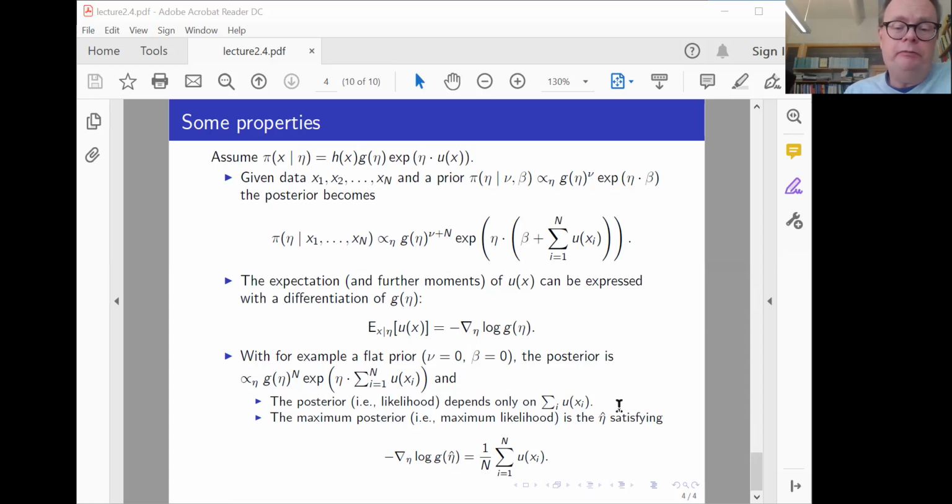And from that, you can get lots of standardized results about the posterior, the maximum posterior, and so on. So these are nice things. We're not going to use them a lot in this course, but it's more for the interested student. I'm not going to prove all of this, I'm just going to end with a short proof of this statement.